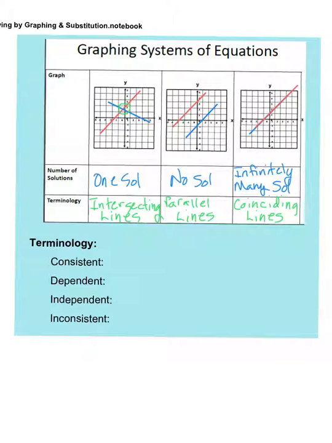What's not a review is this terminology here. We can identify a system as being consistent or inconsistent and dependent or independent. For a solution to be considered dependent or independent, this requires a solution.